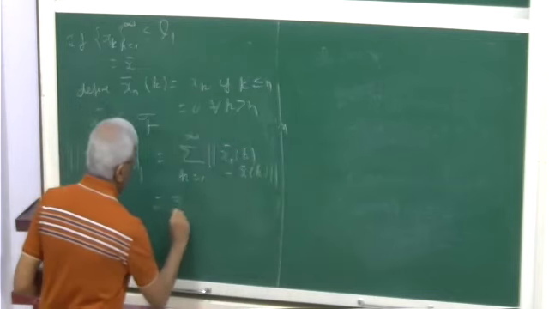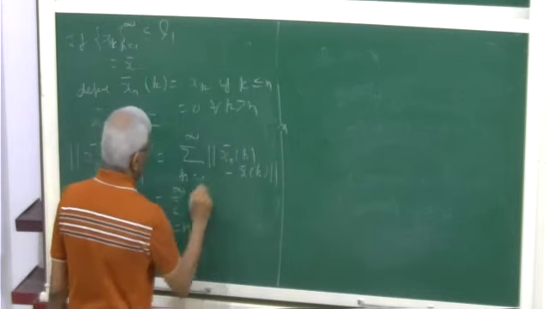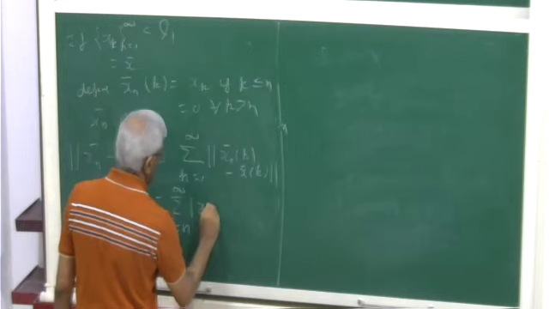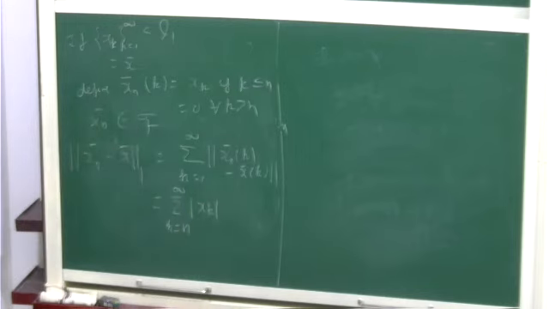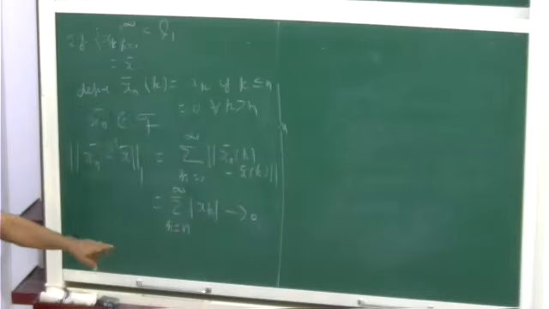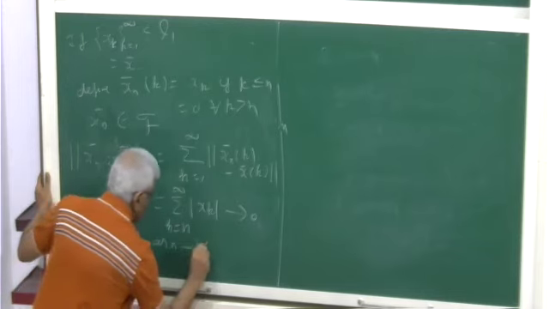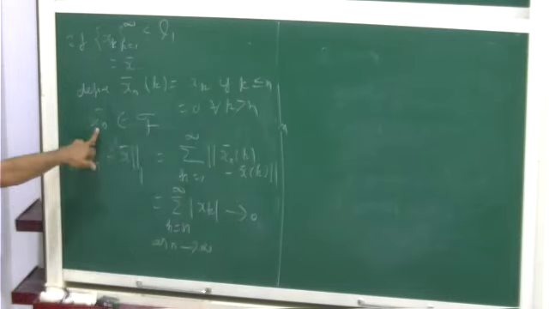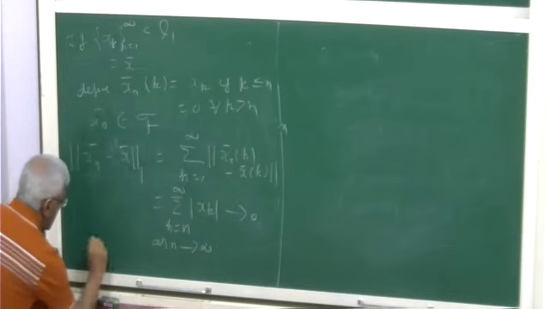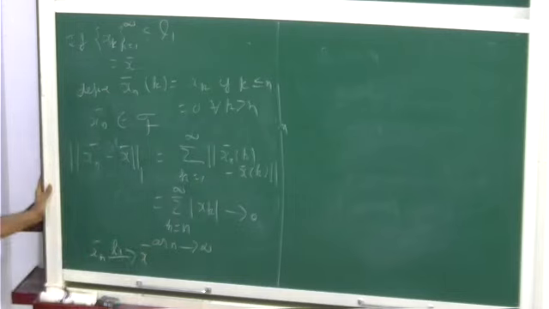So this is equal to the sum k equal to n to infinity of mod xk, which goes to 0. You have to note that this goes to 0 as n tends to infinity. So this implies xn bar converges to x bar in L1.